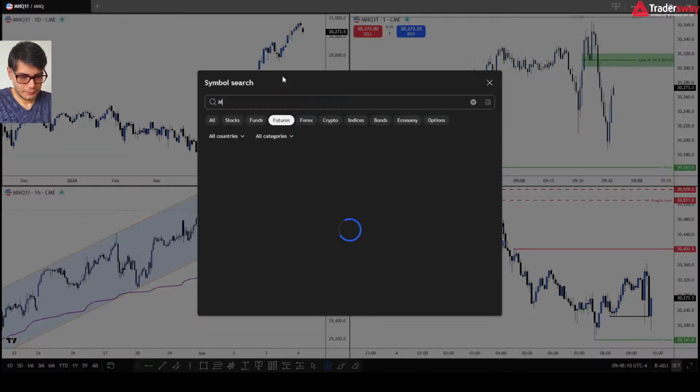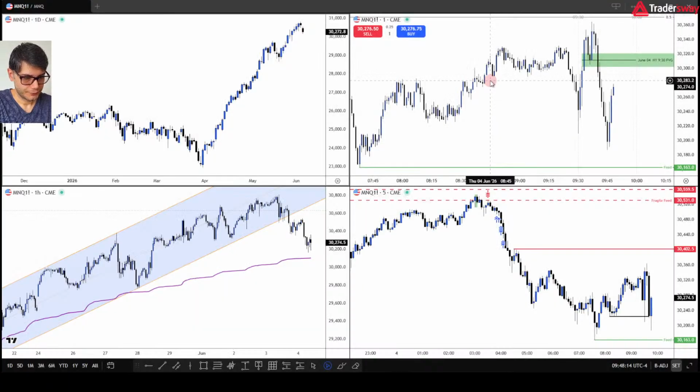Let's have MES on this portion of the chart. Let's look at order flow.